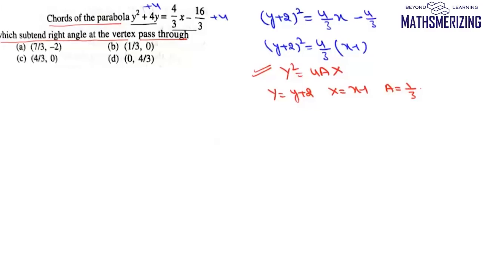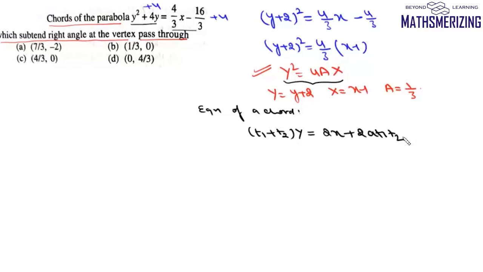Now for this parabola, first we'll write the equation of any general chord. In the previous video, we have already done the equation of a general chord. The equation of a general chord for the parabola y square equals 4ax is given by (t1 plus t2) y equals 2x plus 2a t1 t2.